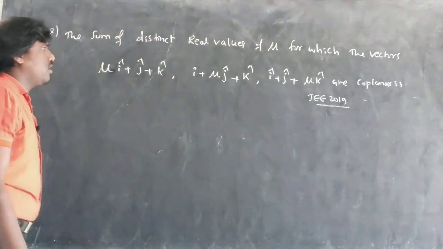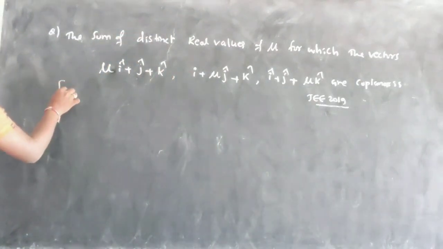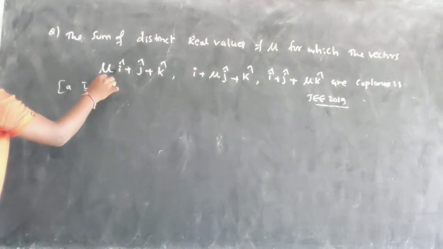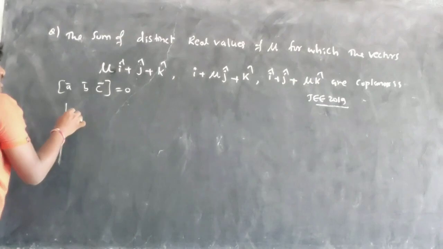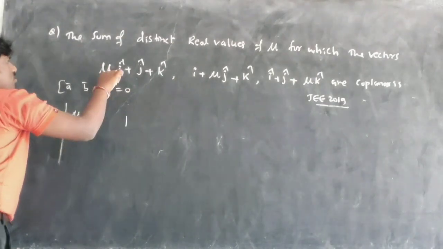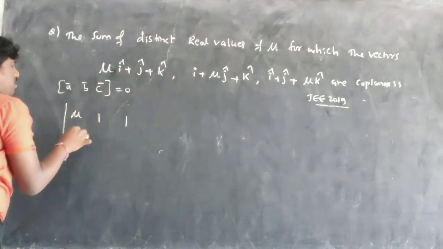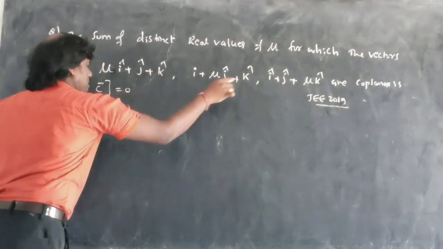Let us solve this. Coplanar means the box product of a, b, c is 0. So we take the coefficients, the components: mu 1 1, 1 mu 1, 1 1 mu.